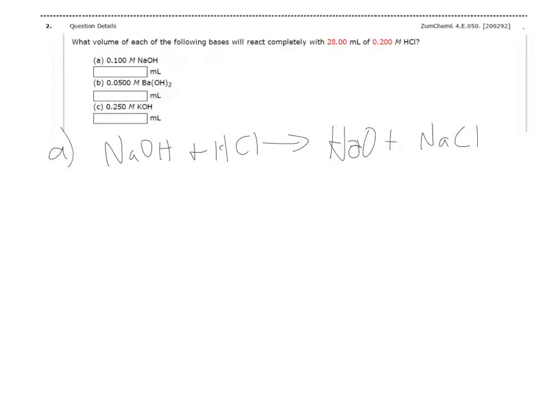And let's keep track of the volume and the molarity of the acid. So 28 milliliters of 0.2 molar. If we just multiply volume times molarity, we'll get 5.6 millimoles, or thousandths of a mole.